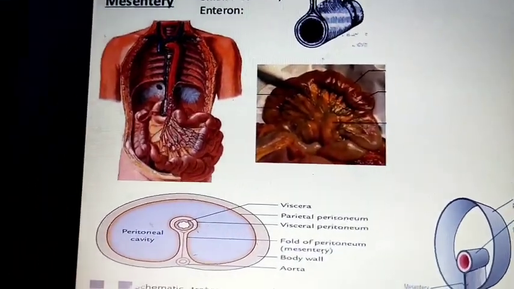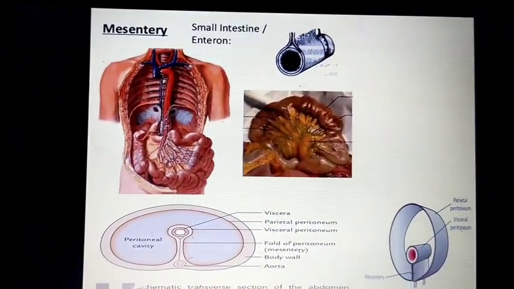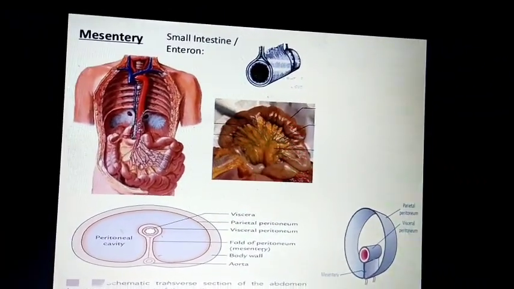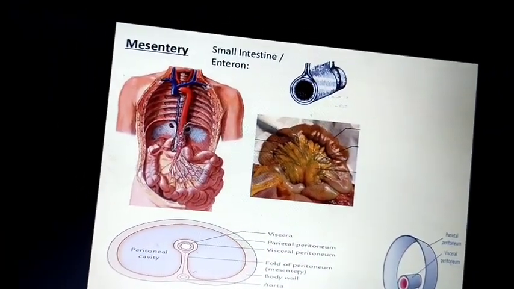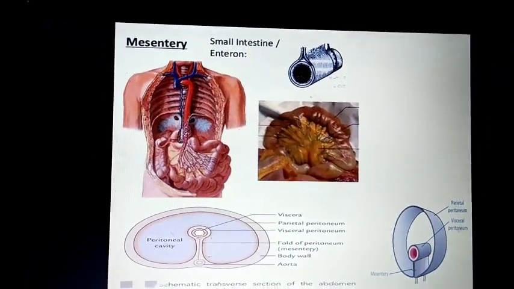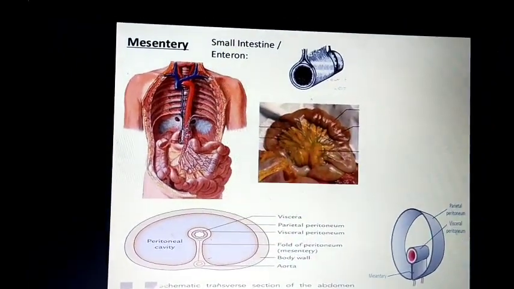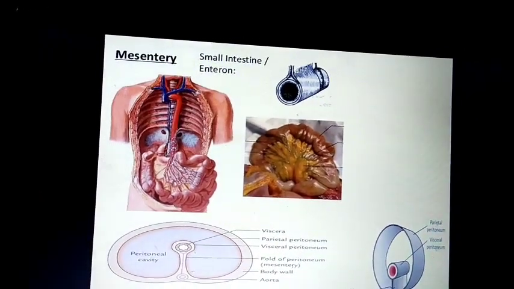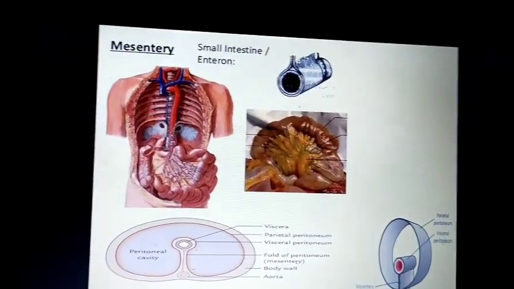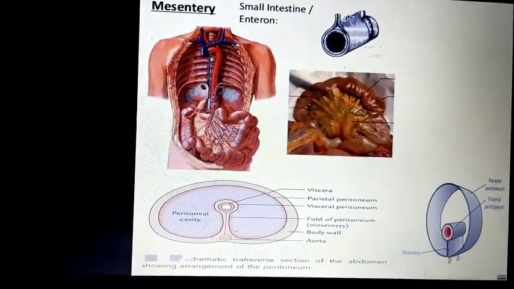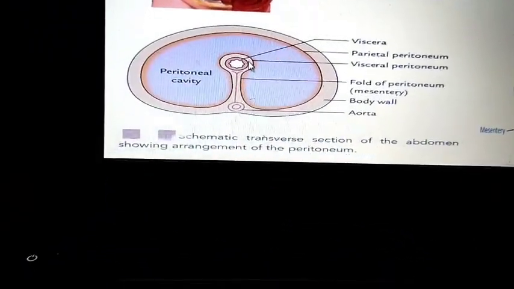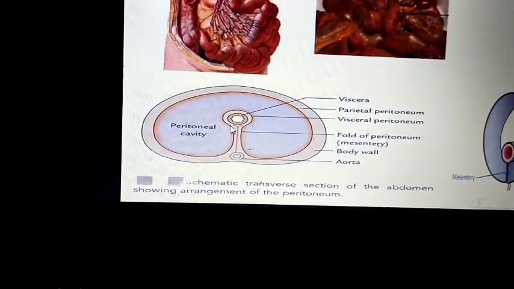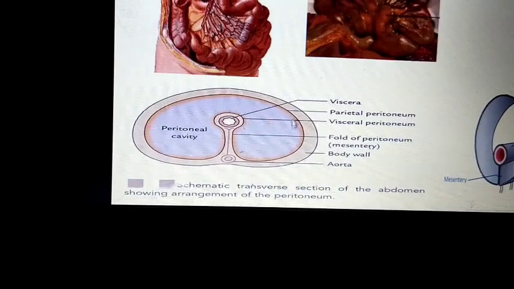I already explained that the mesentery is a fold of peritoneum which attaches the small intestine to the posterior wall of the abdomen. You can see in this picture: this is the intestine, this is the visceral peritoneum, and this is the parietal peritoneum.